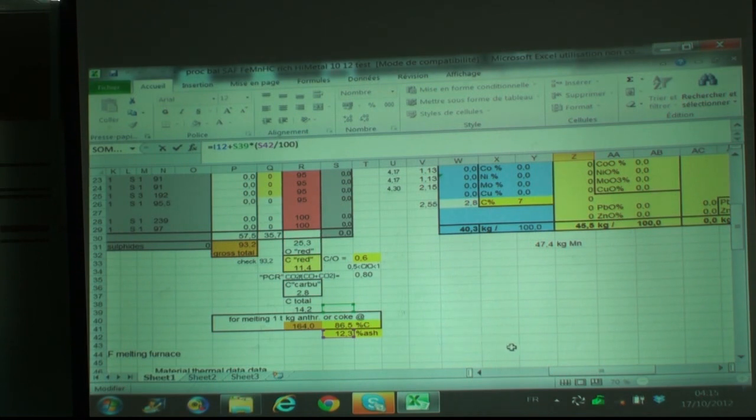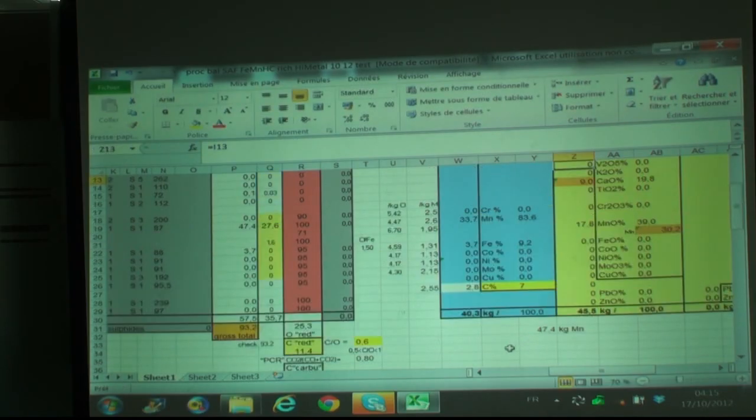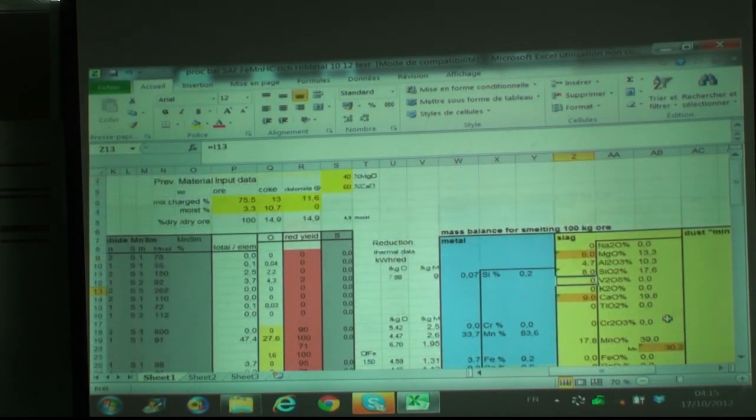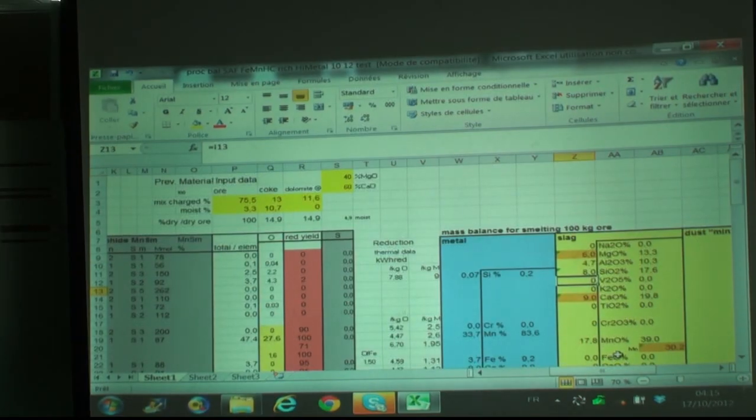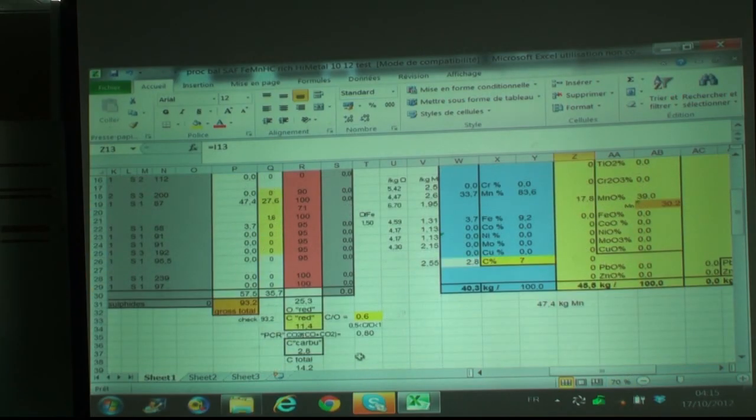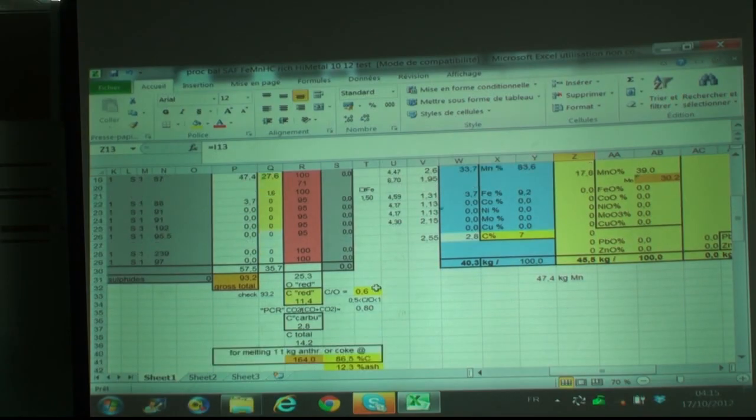Understand? This means there is an external source of SiO2. And the external source of SiO2 is the ash of the coke, and the coke I'm calculating here. I'm going to explain it afterwards.